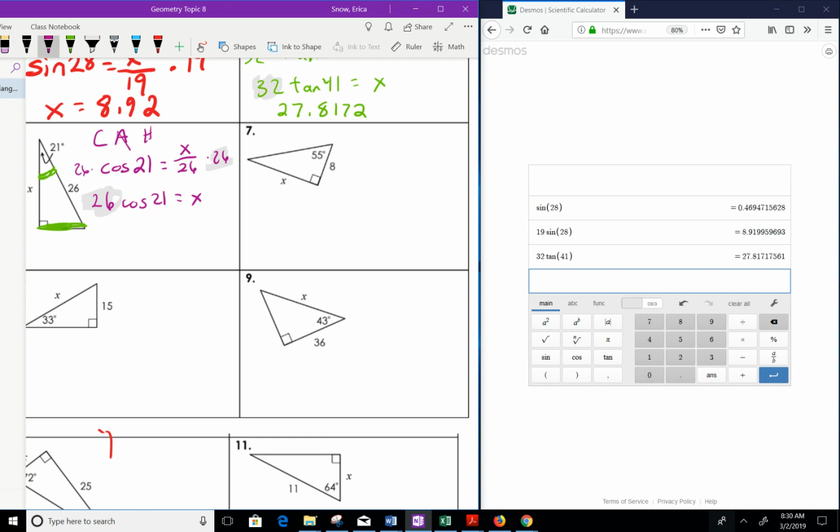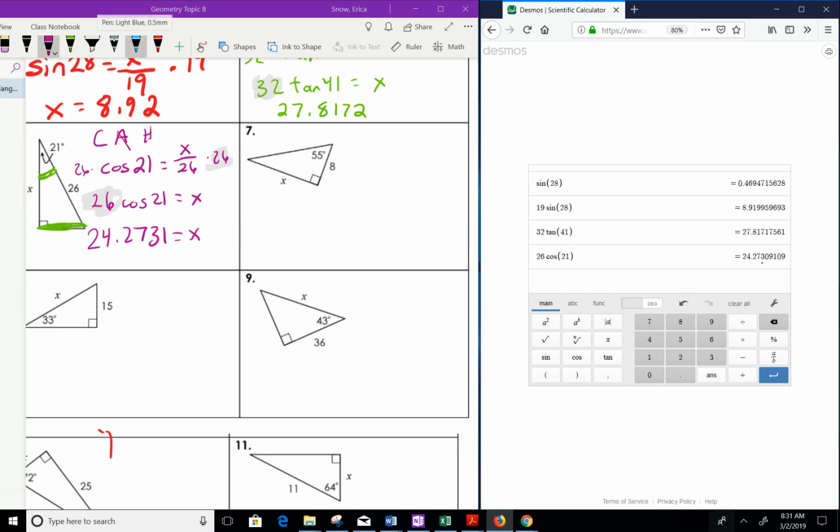So it's easier to help with the calculator to put it out front. So we're going to have 26 cosine 21. And we get that x is 24.2731. So we're doing all of these to 4 decimal places.